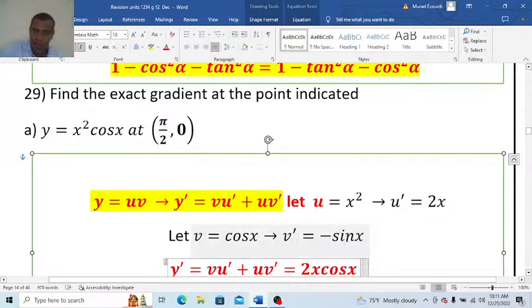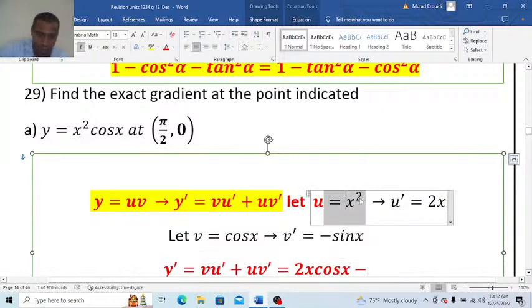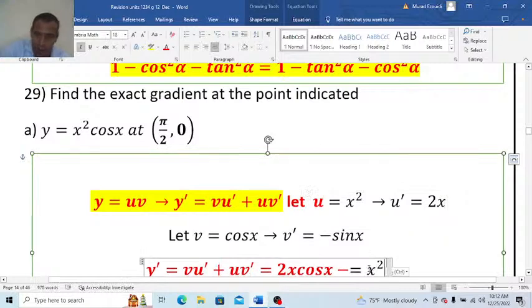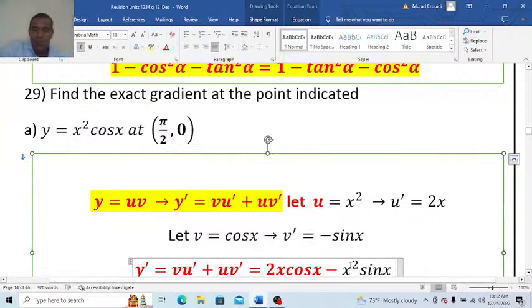V dash is negative sine of x, and u is x squared. Plus and negative gives negative sine, so minus x square multiplied by v dash. V dash is sine of x. This is now, learners, my equation for y dash.